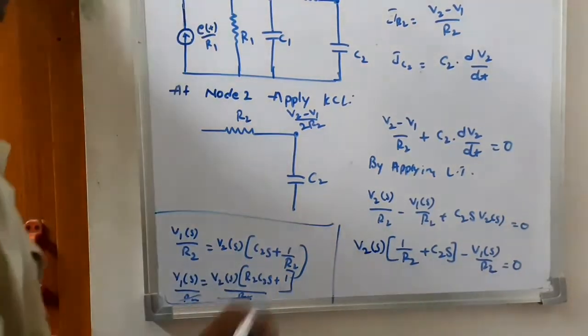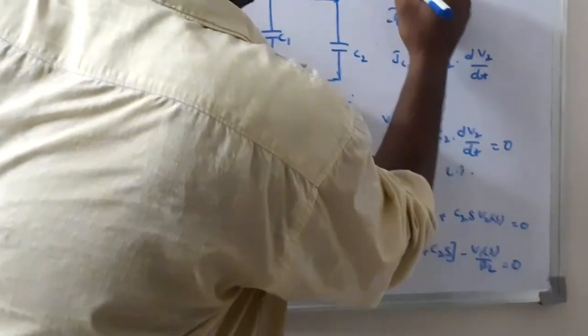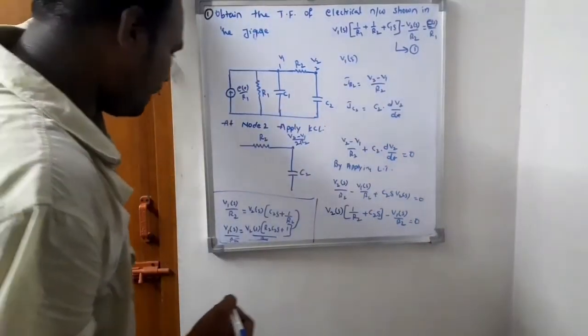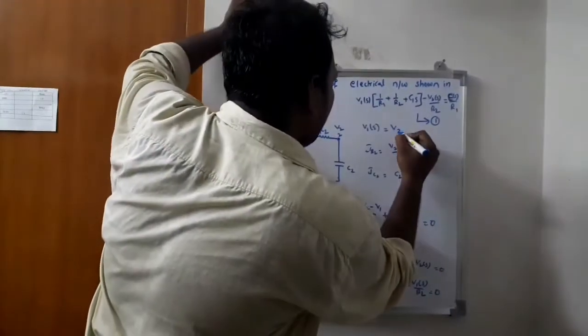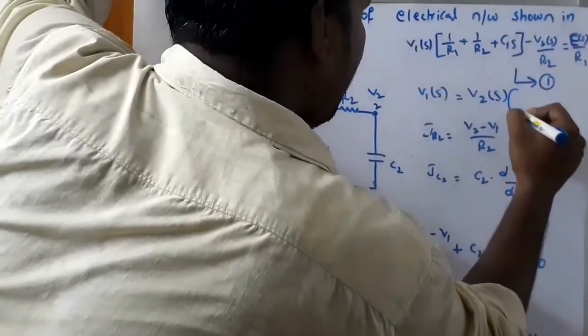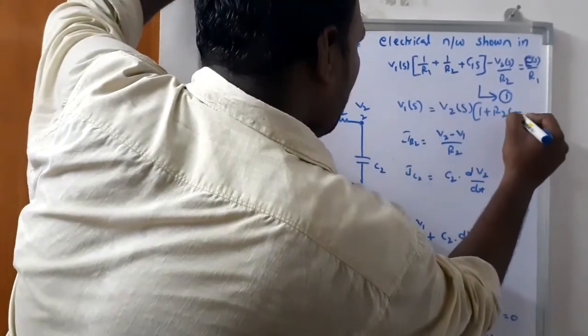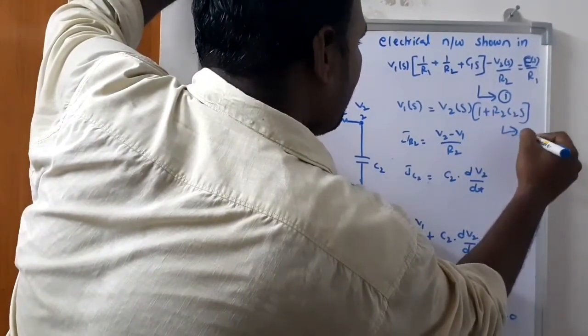So we got V1(s) is equal to V2(s) into (1 + R2C2s). Let it be equation 2.